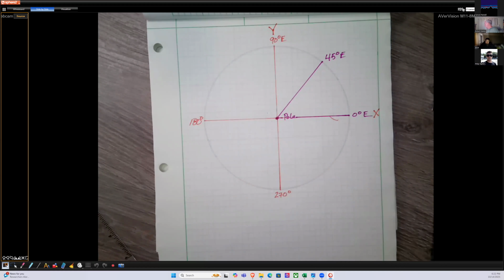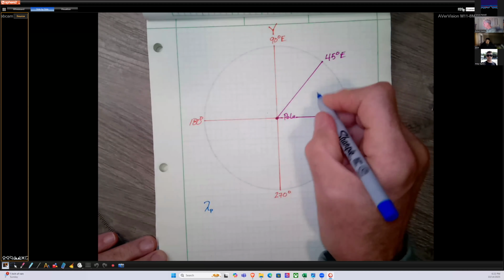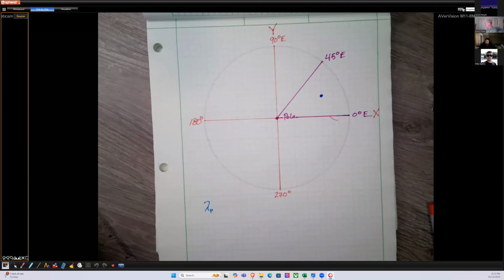What is the formula that we came up with to discover longitude from XYZ coordinates? Longitude is some point. Let's put point P here, on the surface of the Earth. It has an XYZ value.